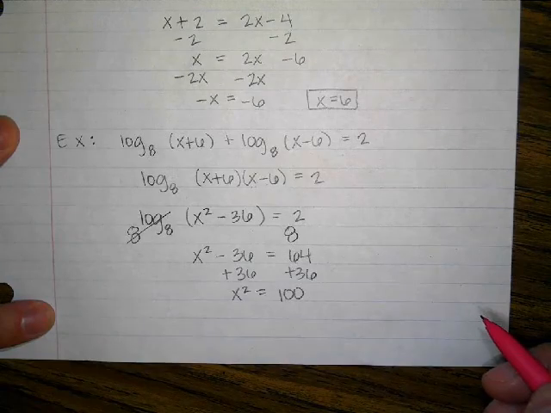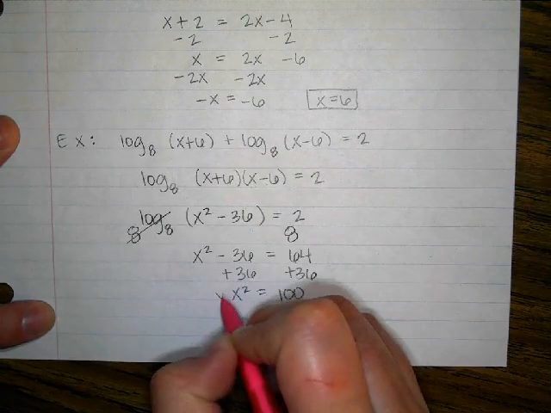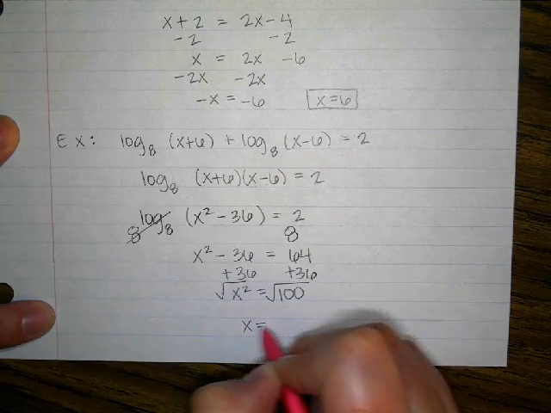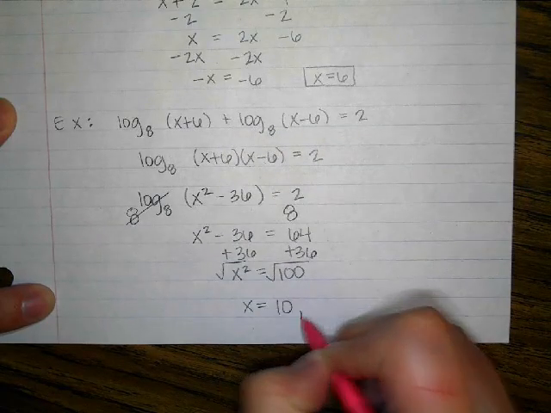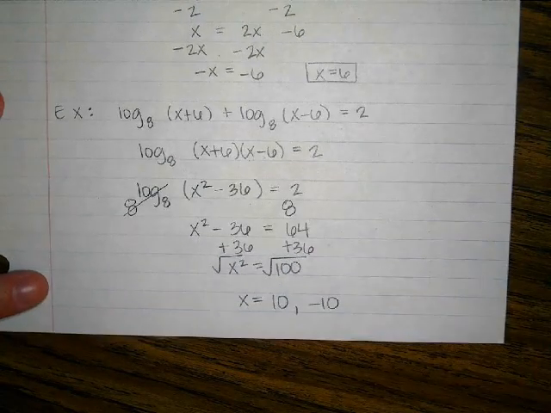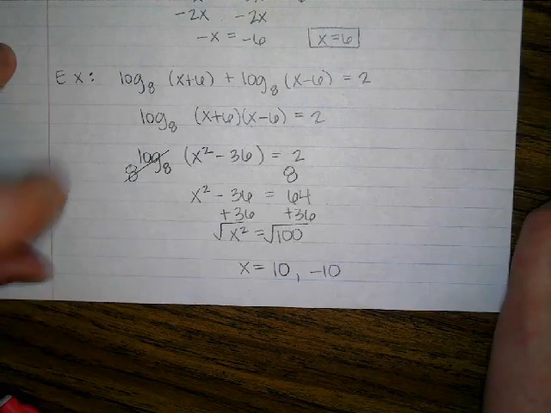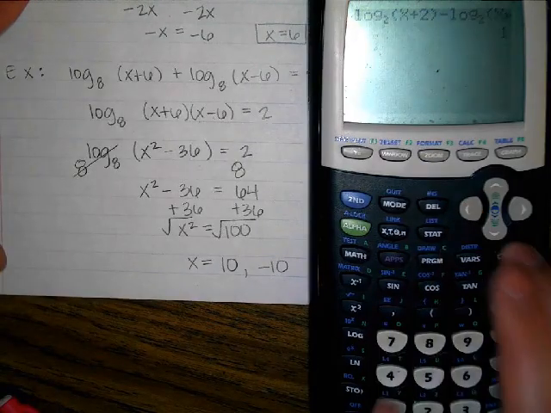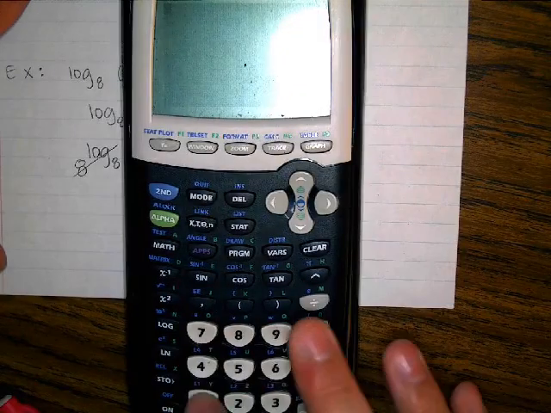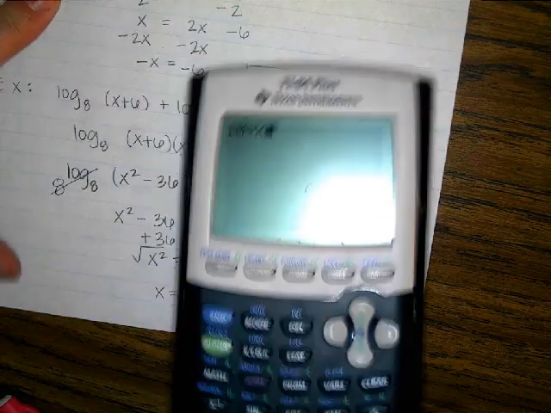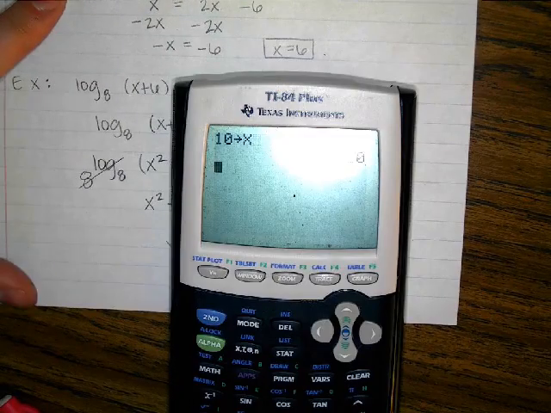And then let's go back and check these answers. So I'm going to do 10 stored as x. And then I'm going to type in the problem: log base 8 of x plus 6 plus log base 8 of x minus 6.